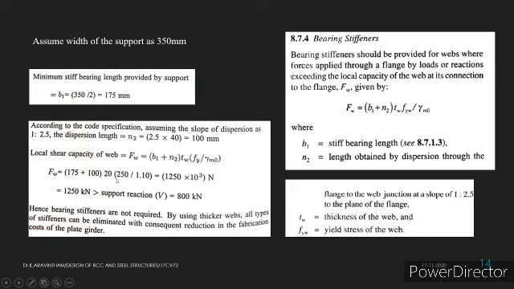If you multiply and simplify this, you will get 1250 into 10 power 3 in Newton, that is 1250 kilonewton. Now this is the shear carrying capacity of the web which we have designed. The shear which is acting is 800 kilonewtons, lesser than the shear carrying capacity of the web. Hence the bearing stiffeners are not required.